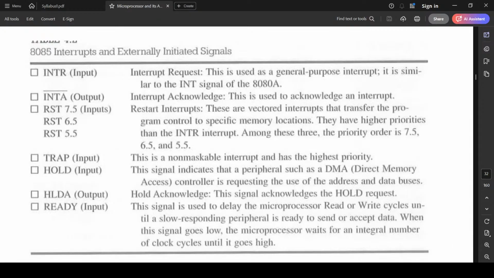What does it even mean? Let's ask Gemini. Okay, my 2.5 Pro is over. What is the TRAP interrupt in 8085?